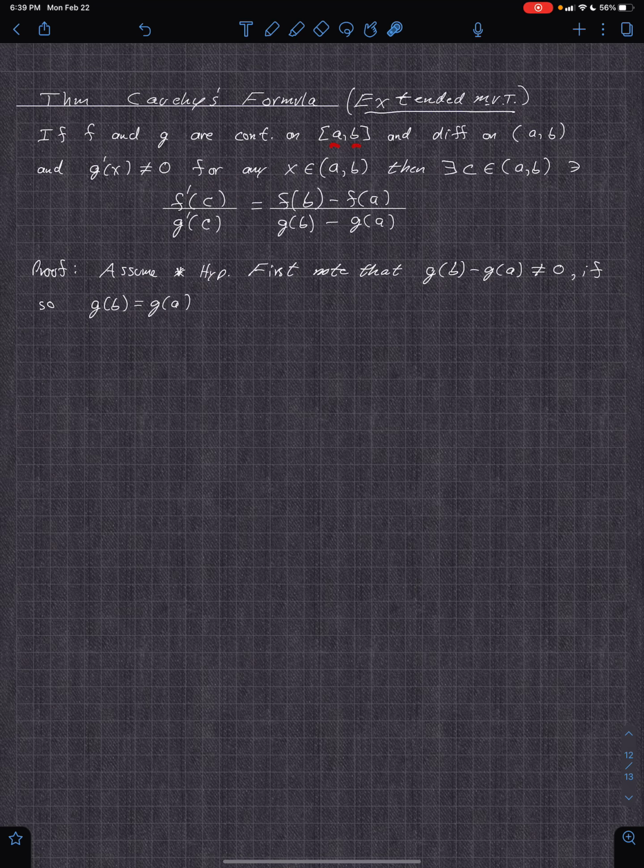And in that case, you'd be able to conclude using the mean value theorem, or actually Rolle's theorem, by Rolle's theorem, there exists a w in the open interval from a to b such that g prime of w equals 0. And that would contradict our assumption.